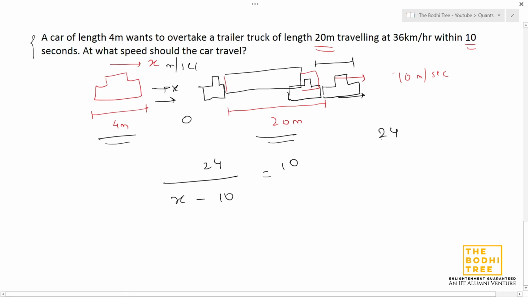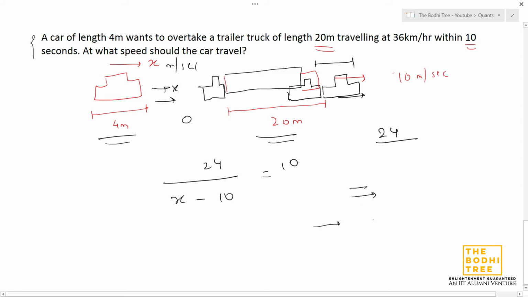Therefore it will be 24 meters. We use distance upon speed is equal to time. Because they are running in the same direction, the relative speed will be one speed minus the other speed.